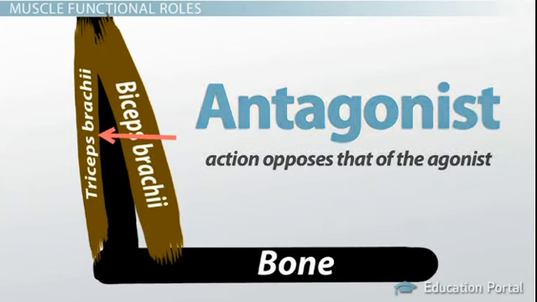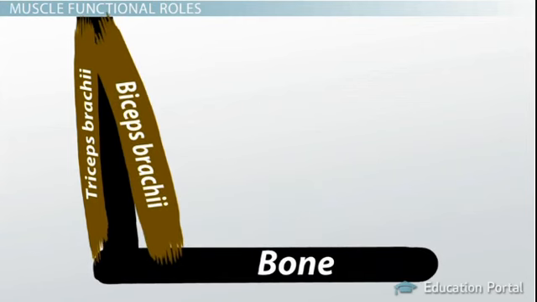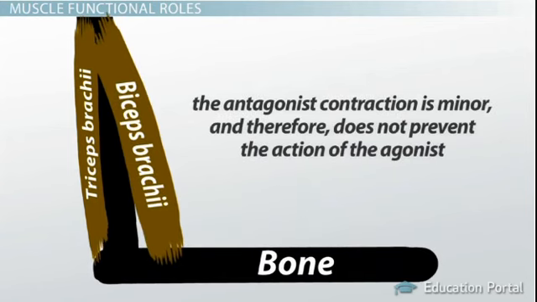Stretching the muscle causes the triceps muscle to contract and thus slow flexion. Now, it's important to note that the antagonist contraction is minor in comparison with the agonist contraction, and therefore it doesn't prevent the action of the agonist. Rather, antagonist contraction controls the movement by slowing it down and making it smooth.